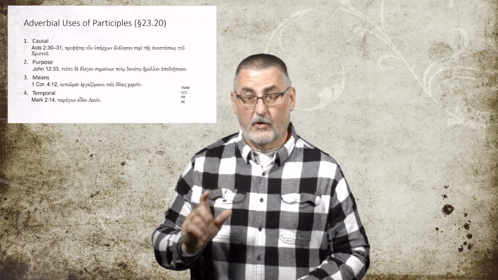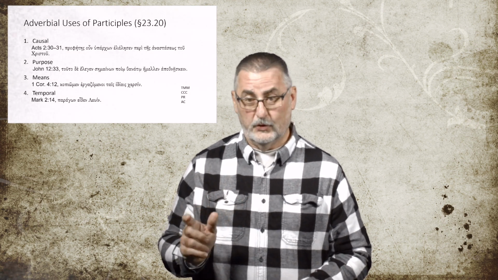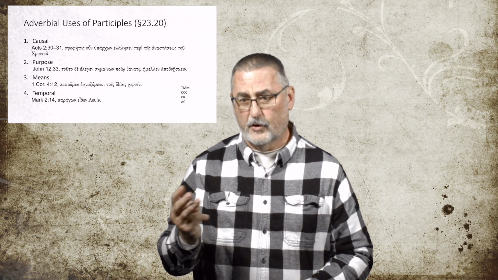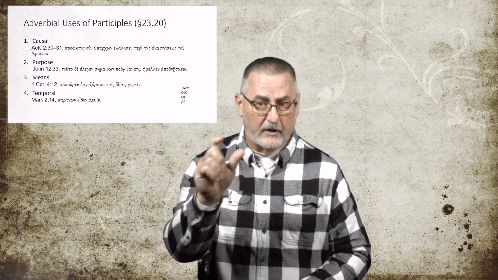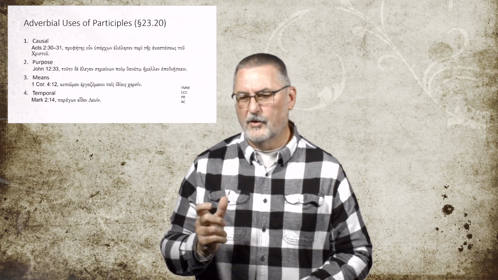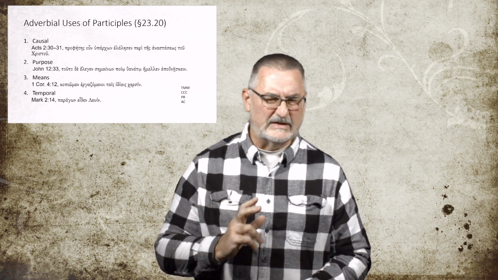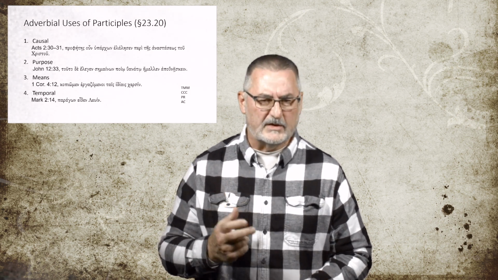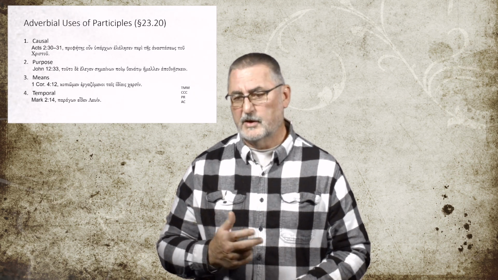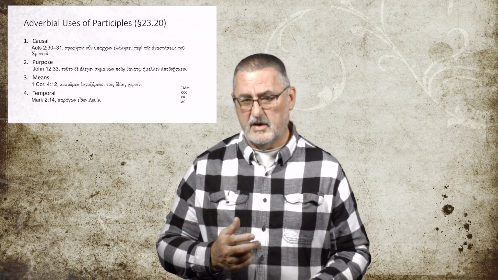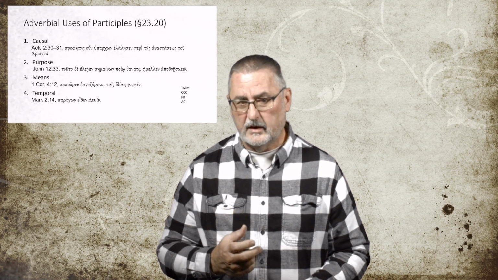Perhaps the only word there that would cause you a little bit of difficulty is that third word, the participle huparchōn, and that's a word that talks about existence or being. It's kind of like the participle that you've seen of eimi. It's the ōn, being.